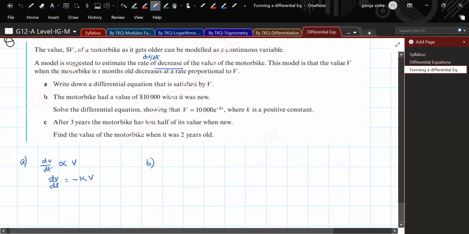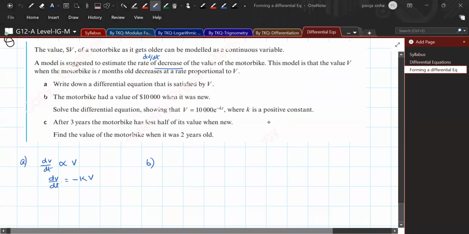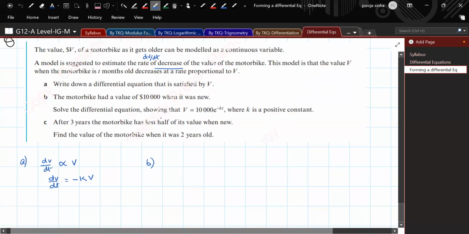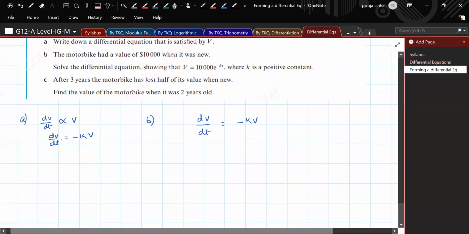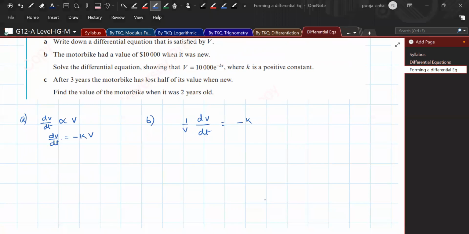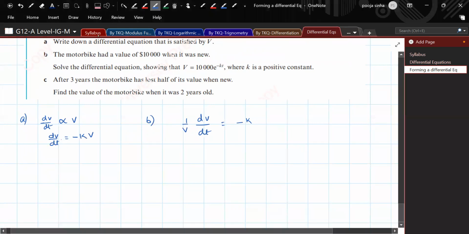Solve the differential equation showing that V is equal to 10,000 e raised to power minus kt, where k is a positive constant. 10,000 when it was new, t is 0. लेकिन अभी हमको t0 को कुछ करना नहीं है, फिलहाल तो हमको इसको सॉल्व करना पड़ेगा, राइट? So dV upon dt is equal to minus kV, separating the variables. ये आ गया यहाँ पे, and the negative sign remains there.